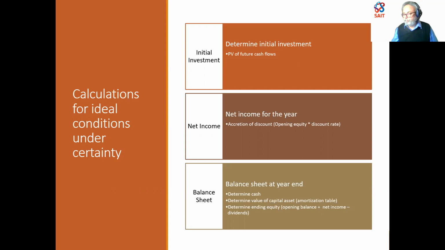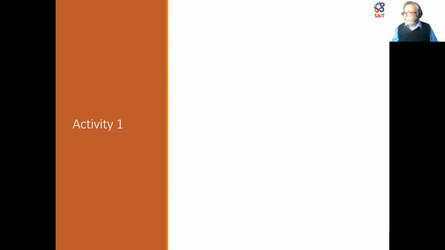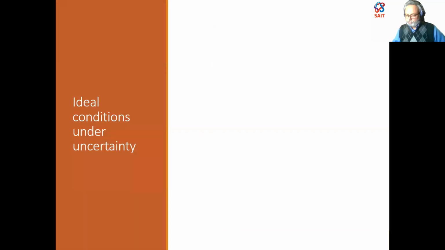Assets equal liabilities and equity. Ideal conditions under certainty. We still assume that the discount rate is fixed and it does not discriminate amongst different sources of capital. So that is still very much an unrealistic assumption.